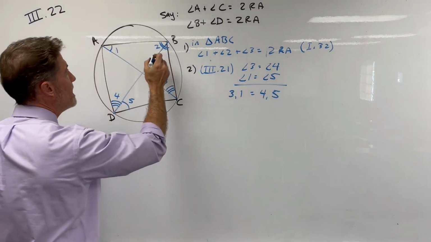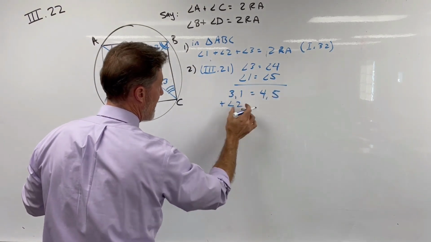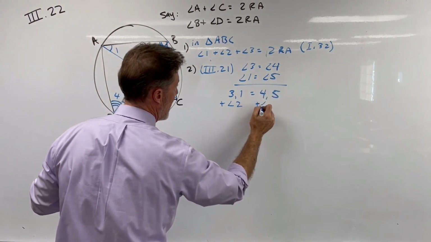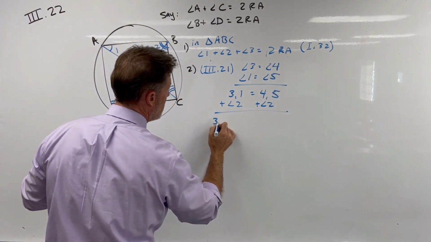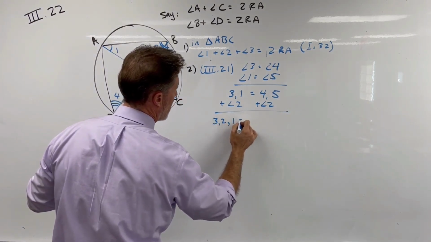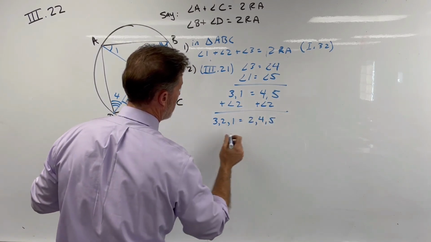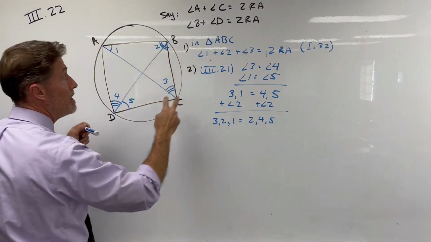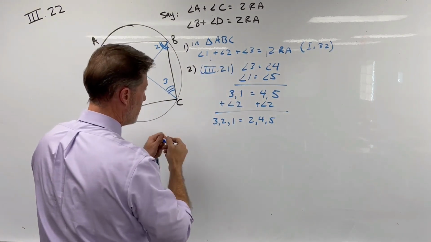So to both of these, let's add the angle 2. If we have equals and we add equals, then the wholes are equal. So we add angle 2 to both sides, and that gives us angles 3, 2, and 1 are equal to angles 2, 4, and 5. But we already know that angles 1, 2, and 3 are equal to two right angles.